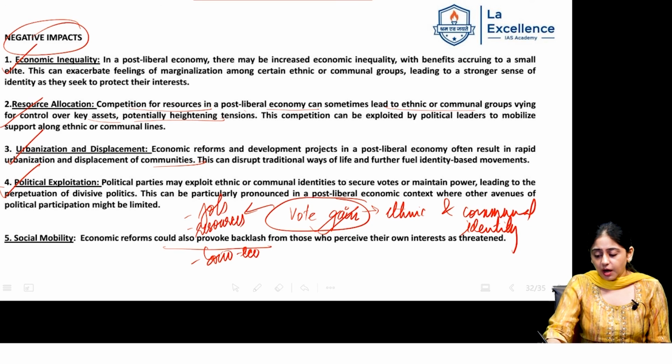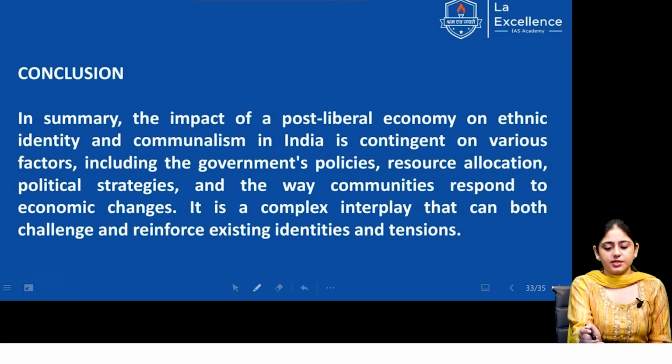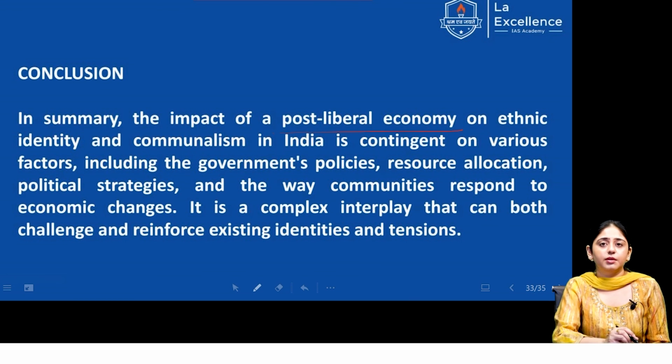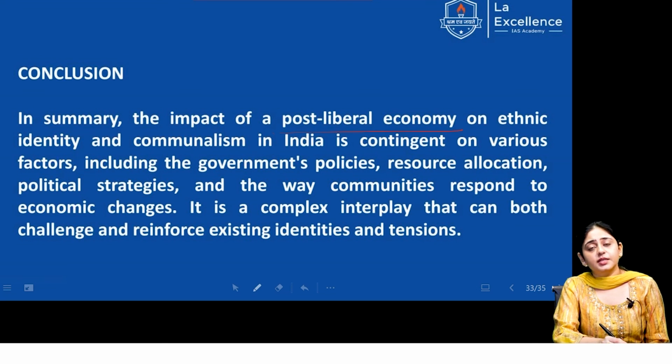So now how to conclude it? For the conclusion, simply write that the post-liberal economy surely brought a lot of economic growth and job opportunities for India, but over time some economic inequalities increased, and some communities could not have an equal share in the benefits or the fruits of development.